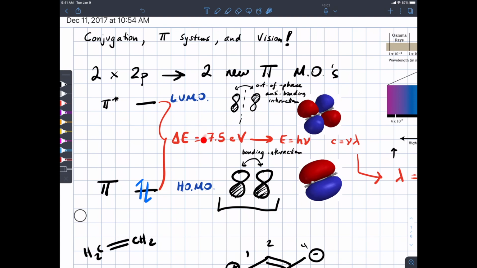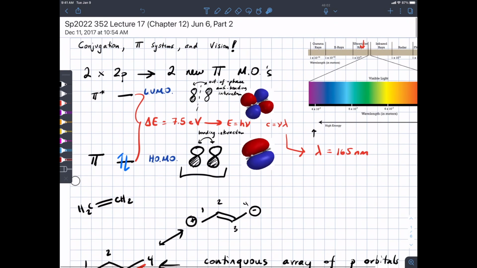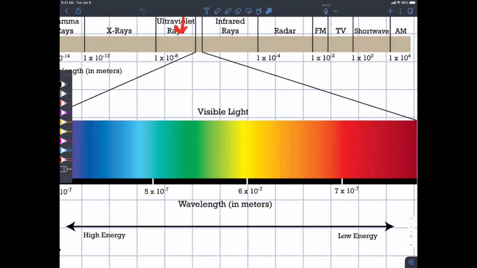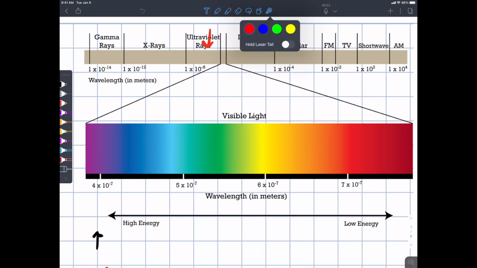If you take that energy and convert it into wavelength, the kind of photon that would promote an electron from HOMO to LUMO has a wavelength of about 165 nanometers, which, if we go to our friendly electromagnetic spectrum, 100 nanometers is sort of in the ultraviolet. Okay, so molecules that just have one double bond typically aren't colorful. They don't absorb in the visible range of the spectrum.